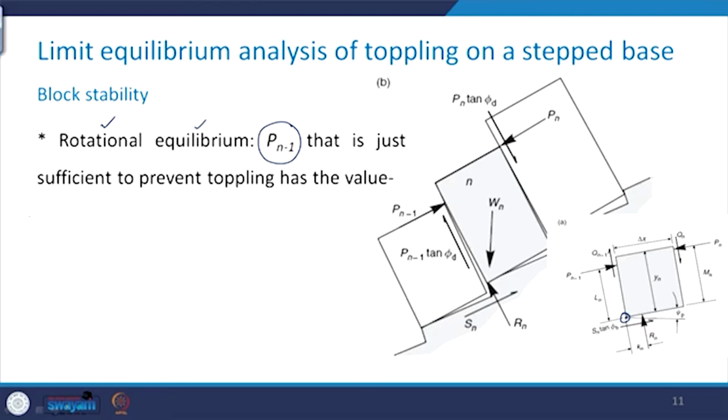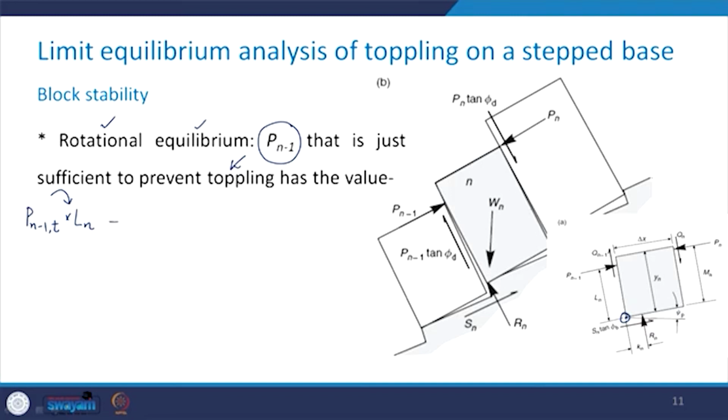The first force is going to be Pn minus 1 comma t. Why I write t is because I am dealing with the toppling. At what distance is it acting? Ln. So this is multiplied by Ln, and its direction about this point is clockwise.